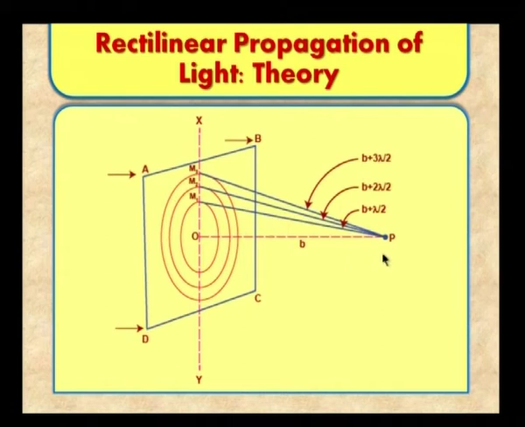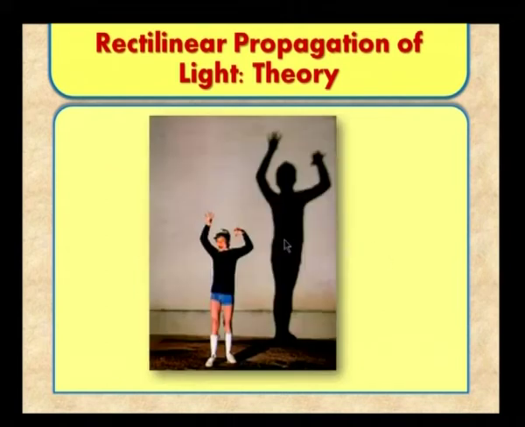We want to calculate the intensity at the point P. Point P may be here. You should understand it is somewhat difficult, but I want to calculate the intensity at this point P. Because of the bending there is some light, but the light intensity is so weak, and that is what I am going to prove.